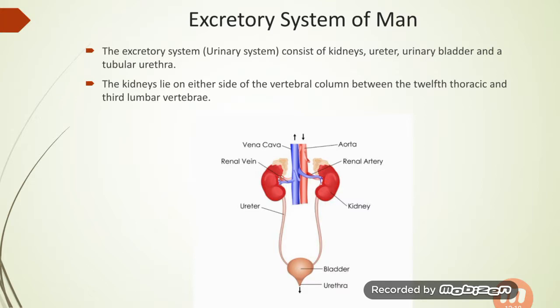Now the urethra. This is a tube that carries urine from the urinary bladder to the outside of the body. The urethra empties near the vagina in the females or through the penis in the males. So it is present outside the body in males.